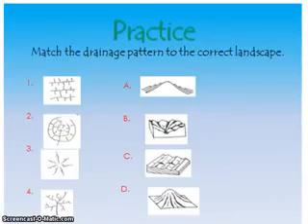The last thing we'd like you to do is match up the drainage patterns 1 through 4 to the landscapes A through D on this side. Pause your video, make your choices.